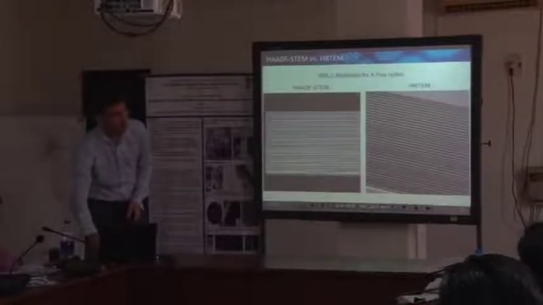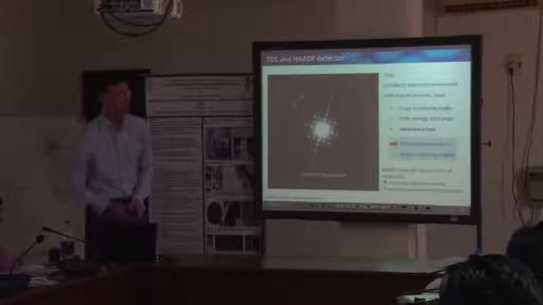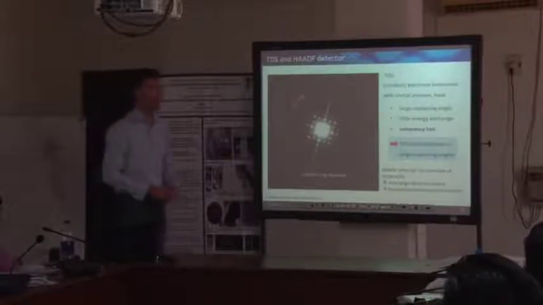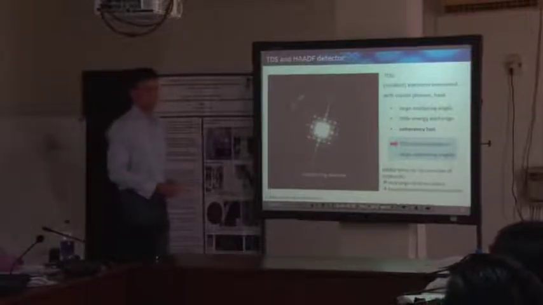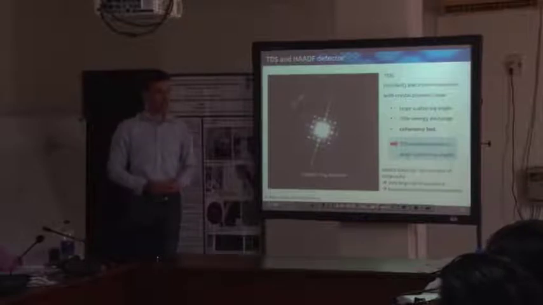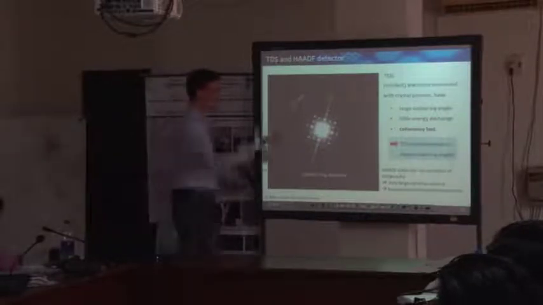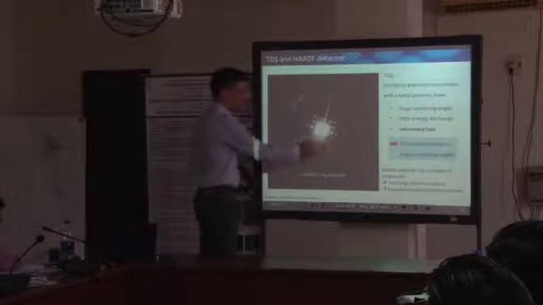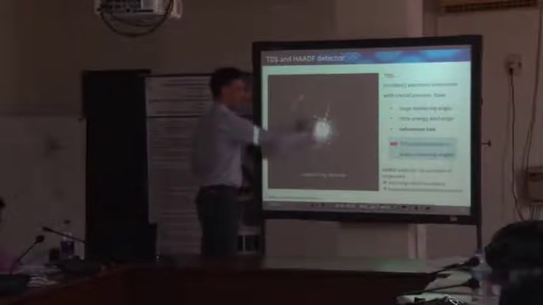Is there anything like annular bright field? Yeah, there is. You can use your annular dark field detector as an annular bright field detector. Just imagine that your annular dark field detector covers a certain angular range.